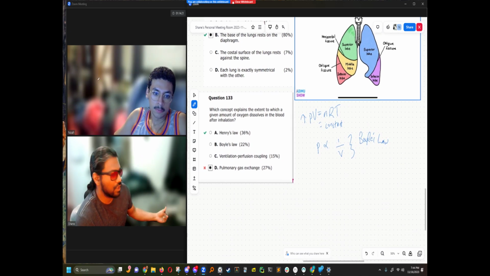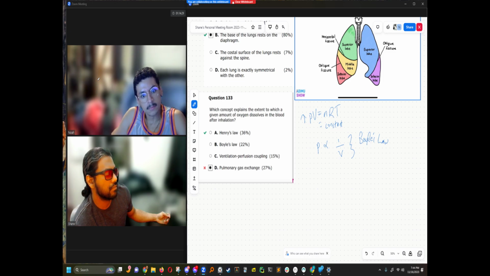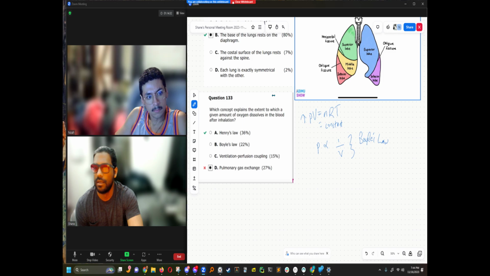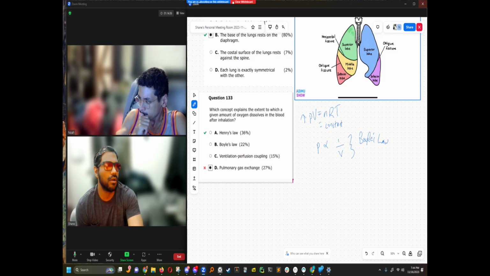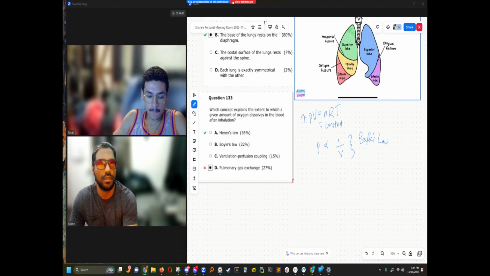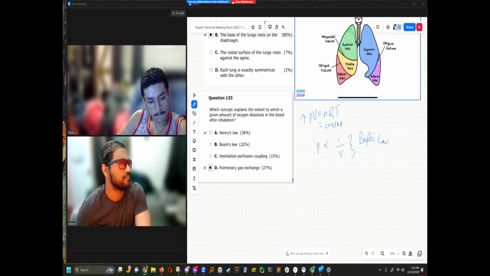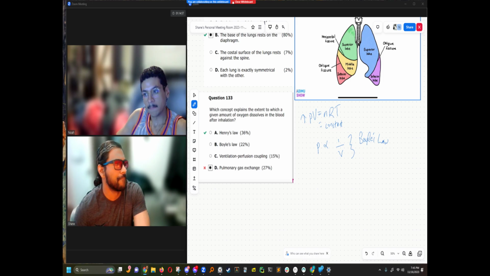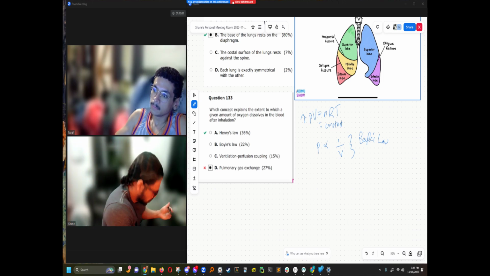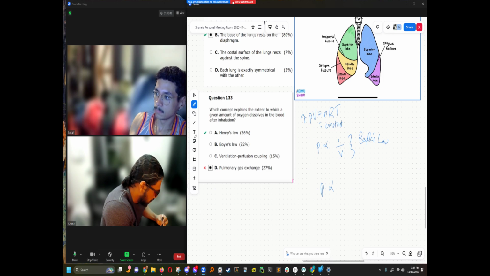Now let's think about the other relationships. How about the relationship between pressure and temperature, or between volume and temperature?